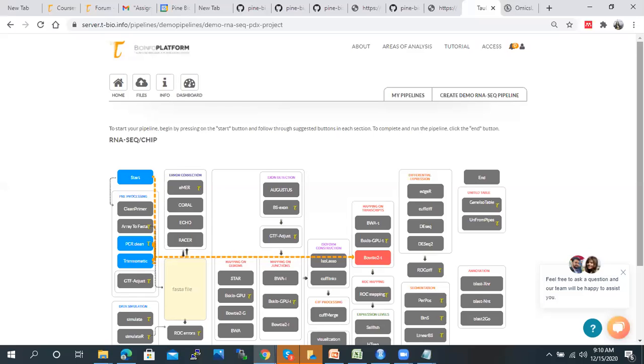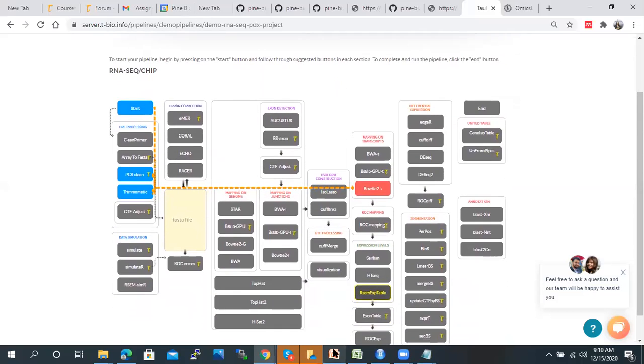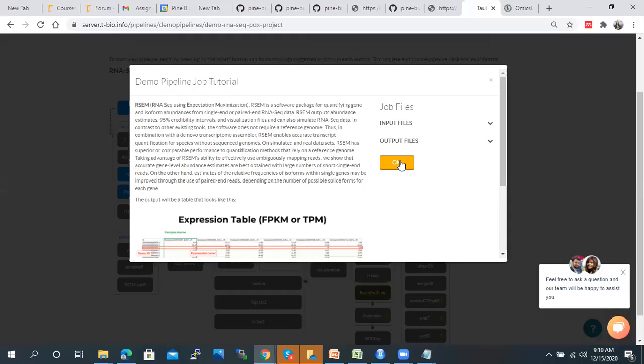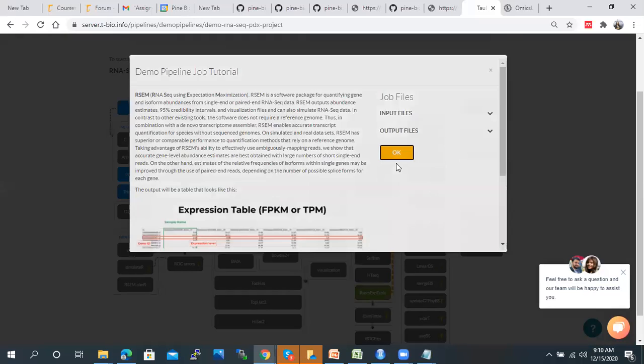So you can generate read counts using even the pipelines HISAT and HTSeq. Besides that, you can choose the count values option under RSEM. So here we are able to produce both FPKM values and read counts.